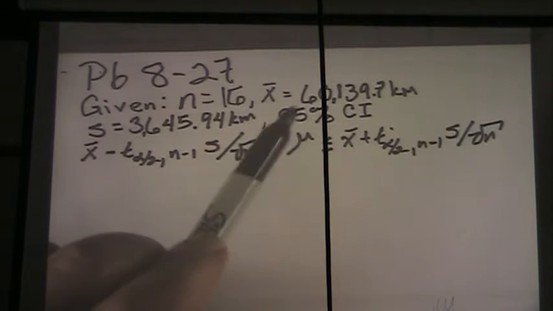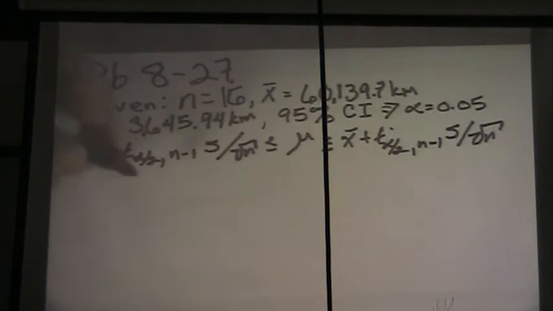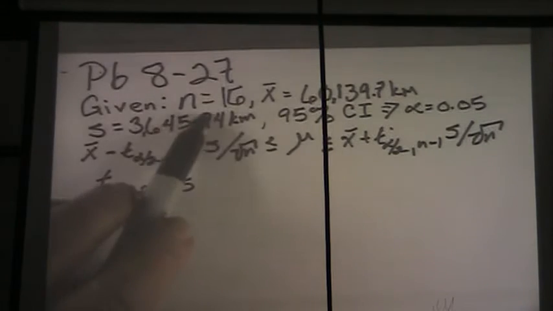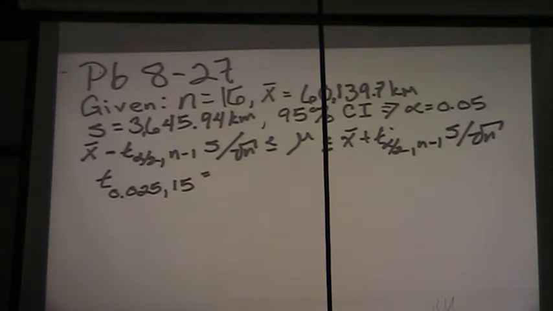Well, a 95% confidence interval implies alpha equals 0.05, and therefore that implies that T of alpha divided by 2 is 0.025 with n minus 1 degrees of freedom, right? N is 16, so n minus 1 is 15. And what is that equal to?